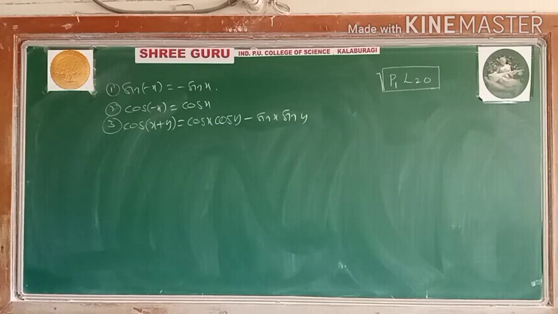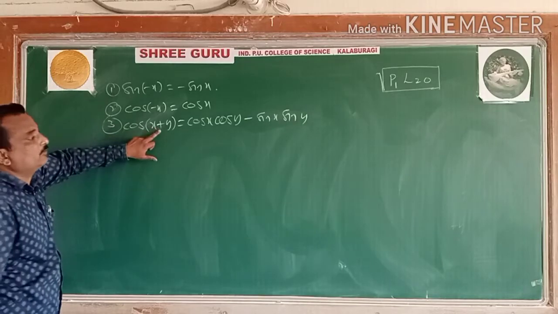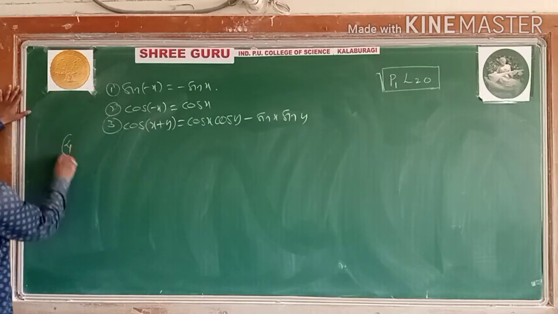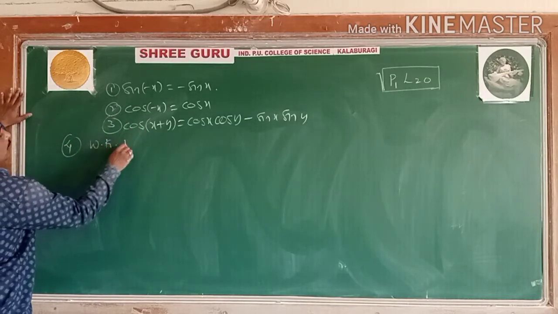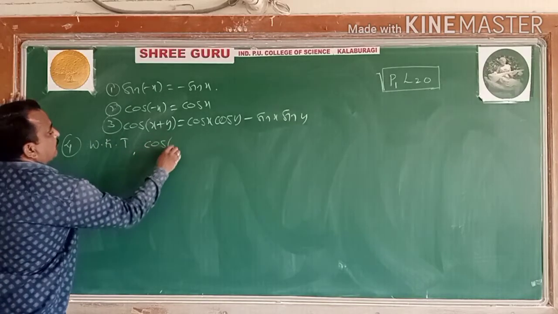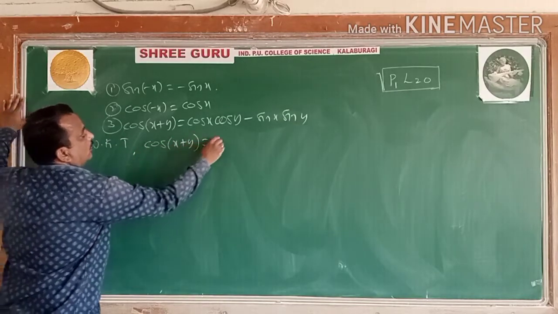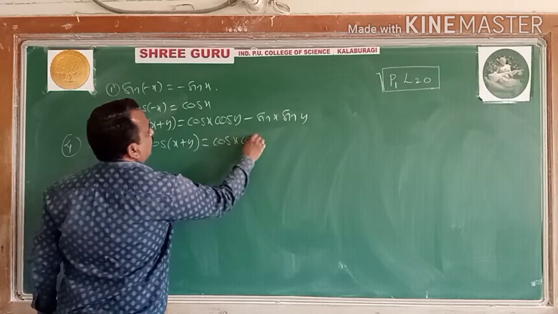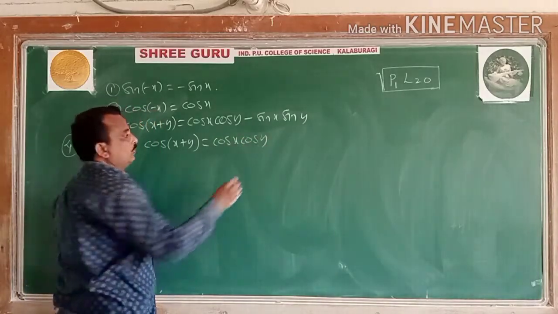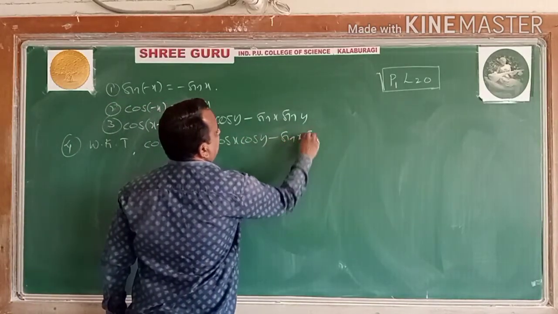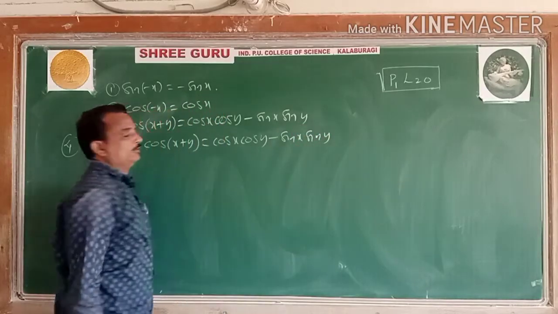Now see, students. Next we will go for the cos of x minus y. See the fourth result. We know that cos of x plus y is equal to cos x into cos y minus sin x into sin y. Just we have proved here.